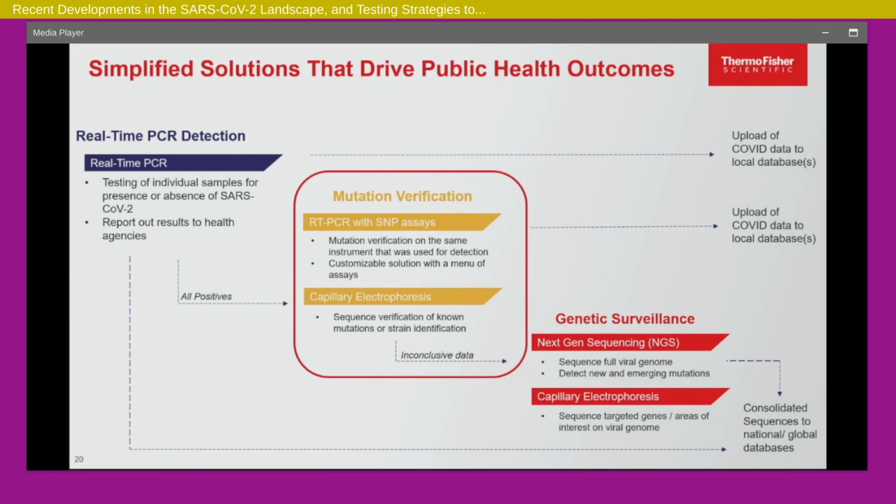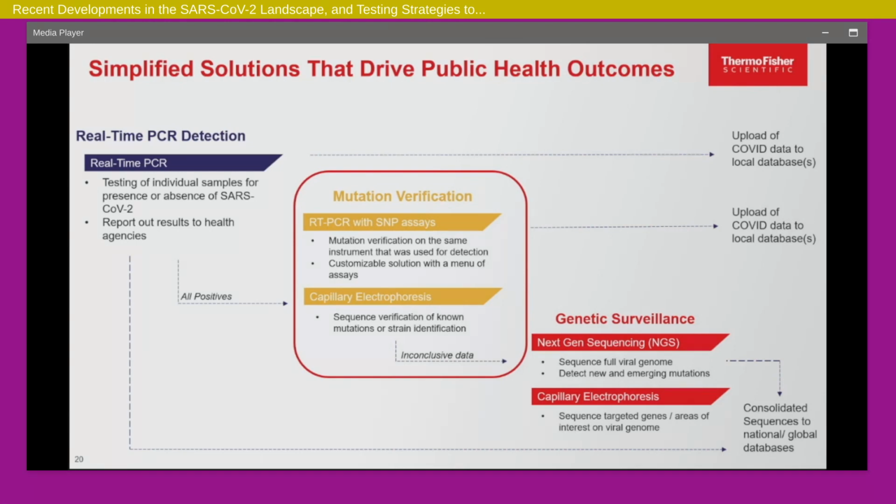So you can quickly run your mutation panel on many more samples rather than doing sequencing on a few. Because right now, when it comes to surveillance, the general guidance is to do about 5% random sampling. With this strategy, you can actually increase the number of samples that you're doing surveillance for. And you can use that and upload it.